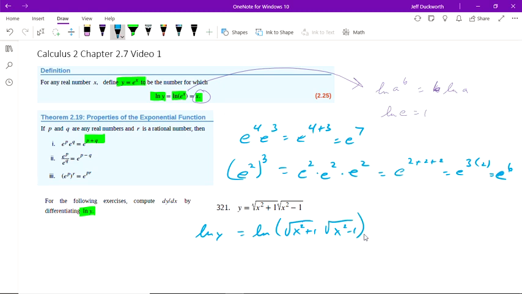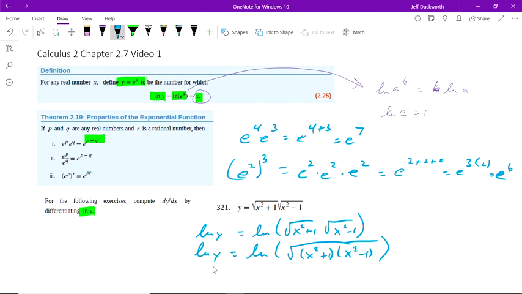And we can break this up using the logarithmic rules. However, what we should probably do is, we have two different square roots. When we multiply square roots together, we can multiply the insides together. So let's do that and see what happens. So this is going to be the square root of x squared plus 1 times x squared minus 1.